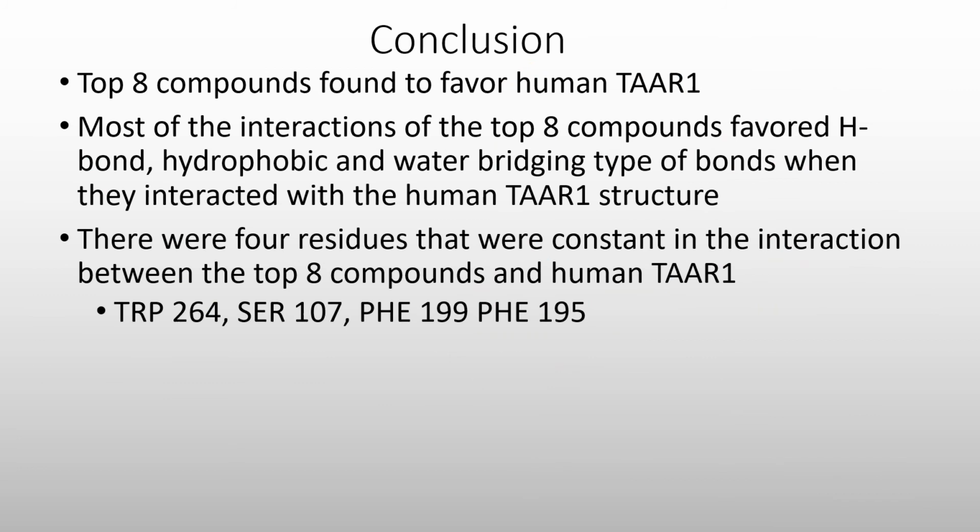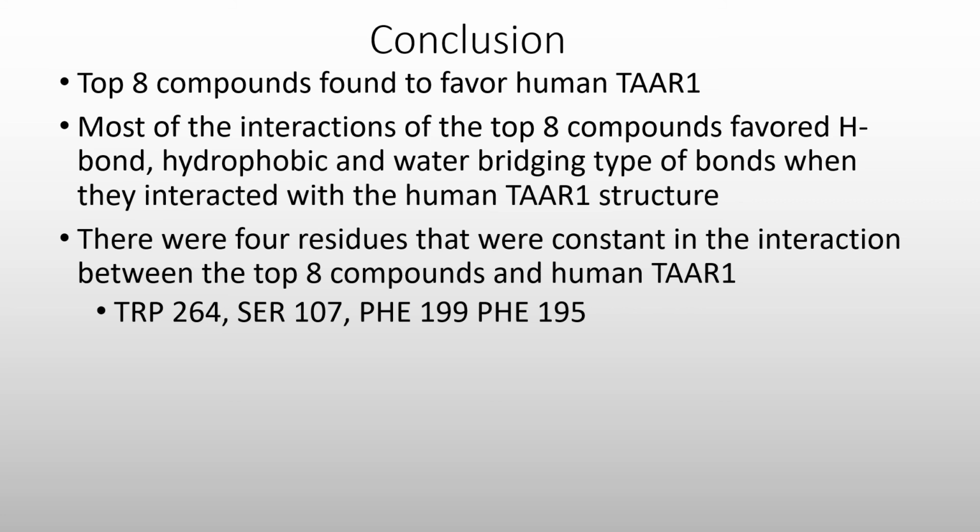In conclusion, the top 8 compounds seem to favor the Human Taar1 complex that we've seen. Most of the interactions of the top 8, like I said before, are the hydrogen bonding, hydrophobic, and water bridging within the interactions with the Human Taar1 structure.